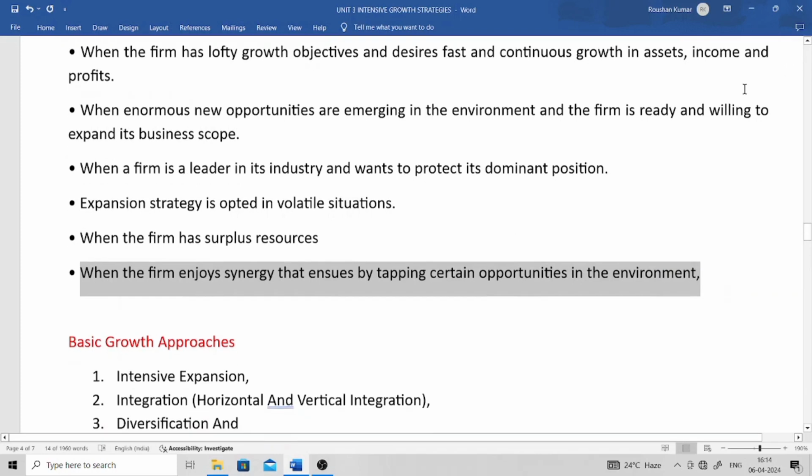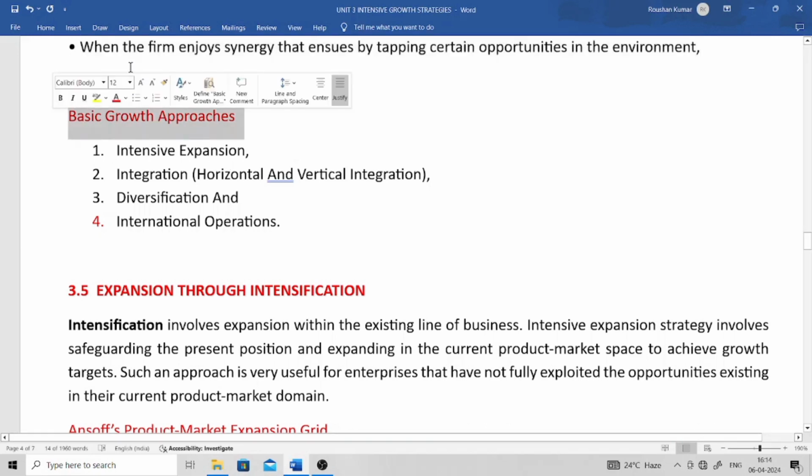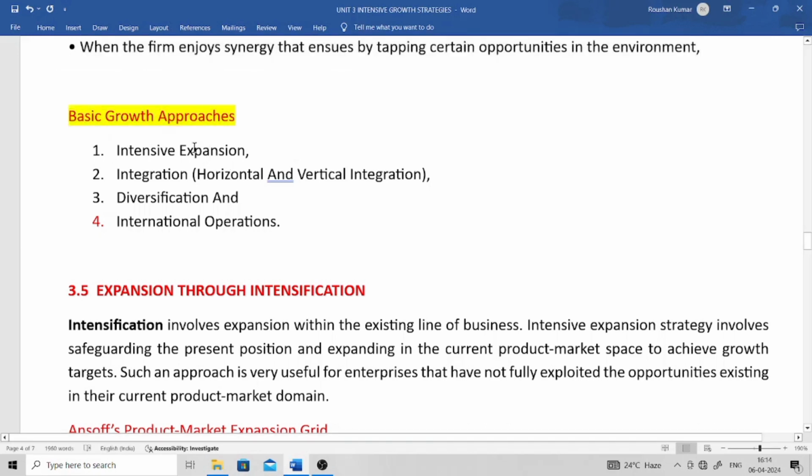So the basic growth approaches are given here. The first growth approach is intensive expansion, second is integration, third is diversification, and the fourth is international operation. These are the four basic growth approaches.